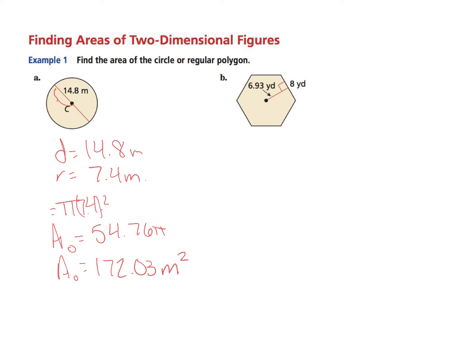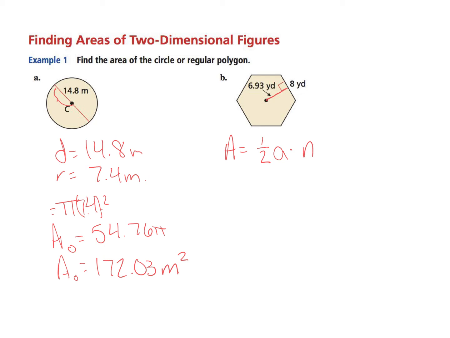Now we've got part B, which is our polygon. There are a couple different ways to write out the area formula that you may see in different spots if you Google the area formula for a polygon, but they all follow the same path. The area is 1/2 A, which is, in this case, from the center to the outside, so it's that long piece right there, times n times s.